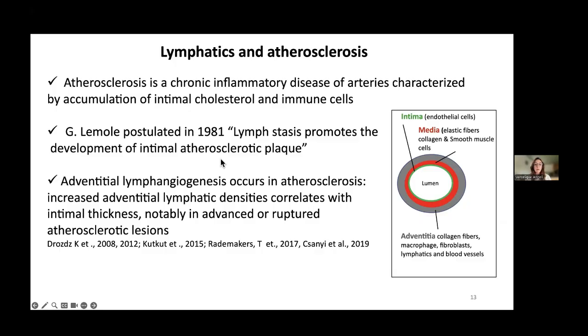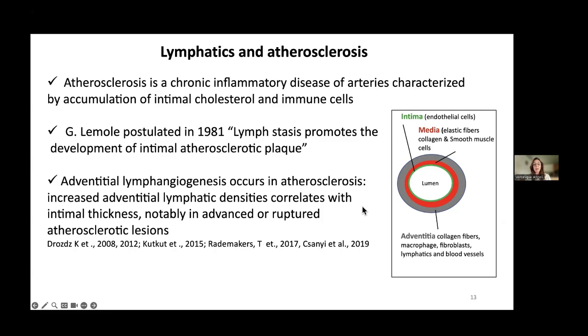There were also several works showing that atherosclerosis is associated with the growth of lymphatic vessels, also known as lymphangiogenesis, particularly in the adventitial layer, the most outer layer of the arterial wall.